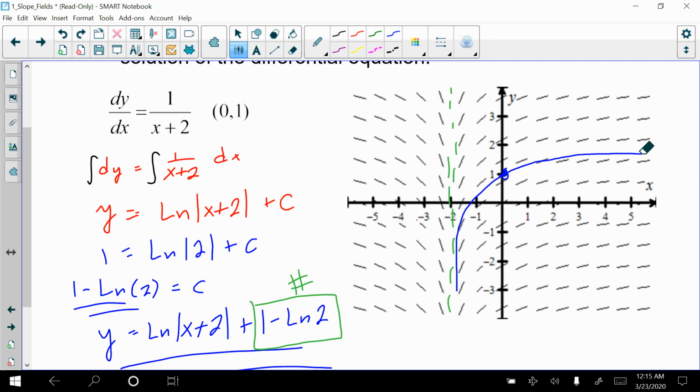I don't like that. Leveling off a little too much, like so. And that's what we would have for our particular solution and the graph. Remember, the slope field looks like the solution of the differential equation, not like the given expression.